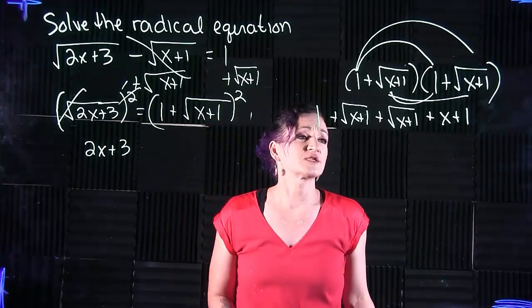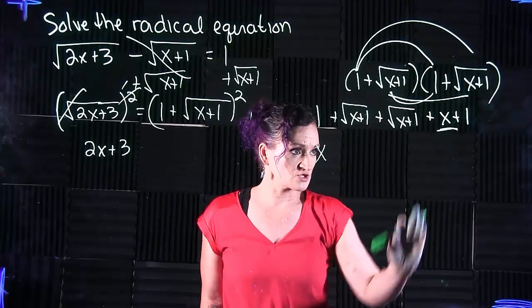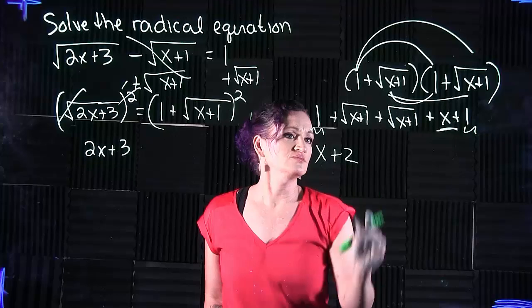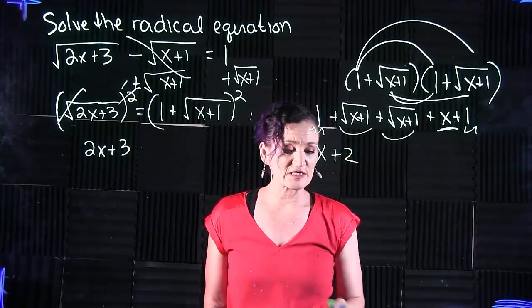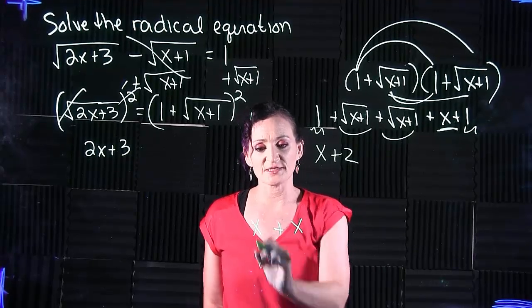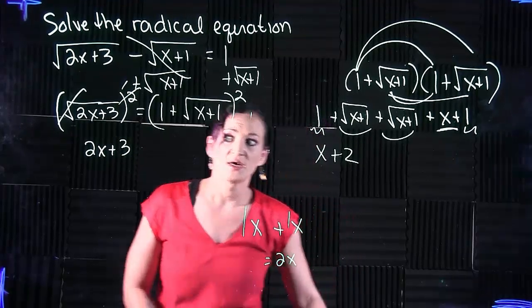So let's clean this up just a little bit here. Let's combine some like terms. I only have one regular x there, so I'm going to drop that down. 1 plus 1 is a 2. And then I have square root of x plus 1 plus square root of x plus 1. The math for this is the same thing as doing like x plus x. 1x plus 1x is 2x. All right?